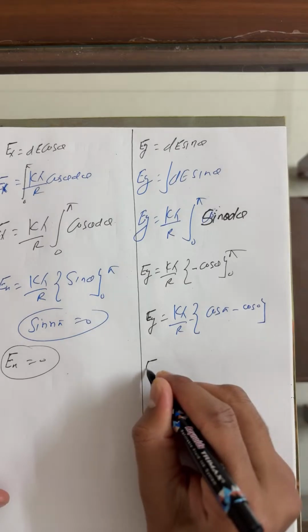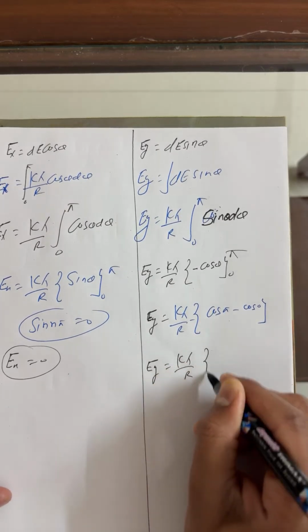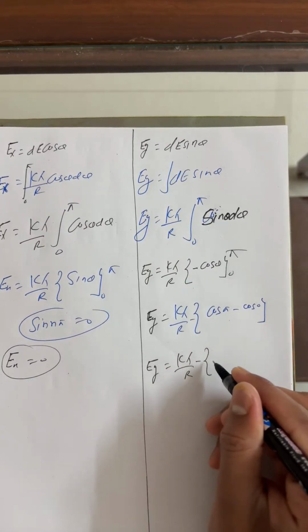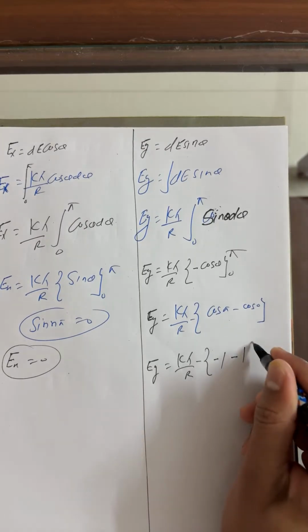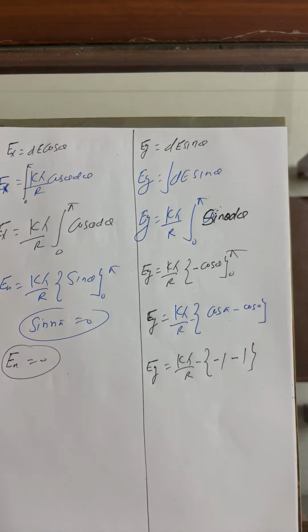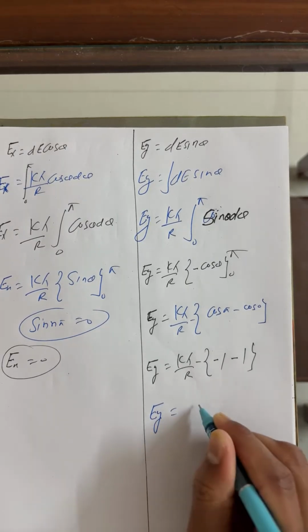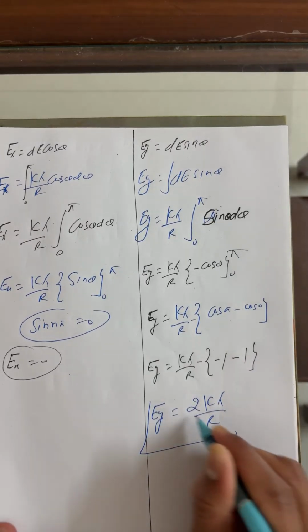Cos pi is minus 1, cos 0 is 1 only. So minus of minus 2, taking the minus outside. So you will get the electric field Ey as 2 k lambda by r.